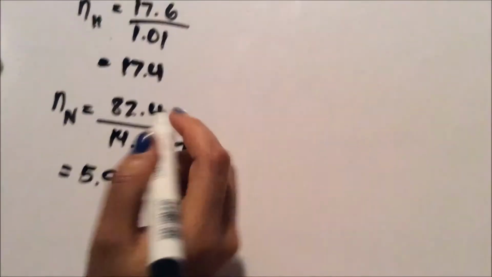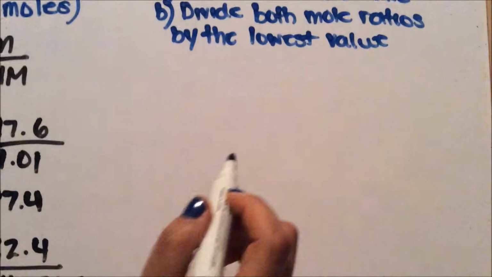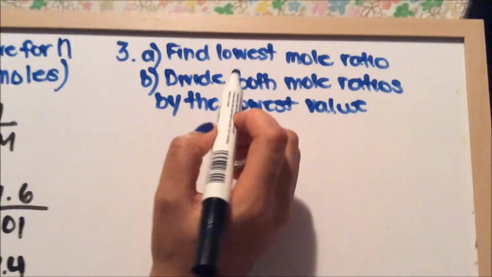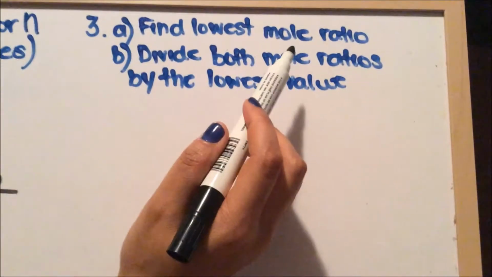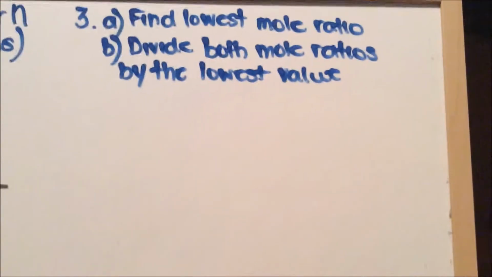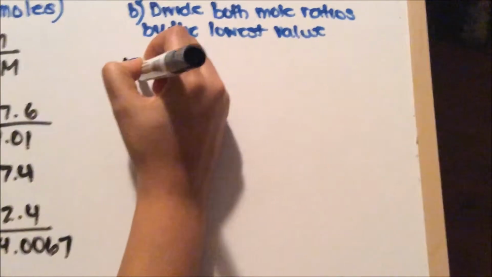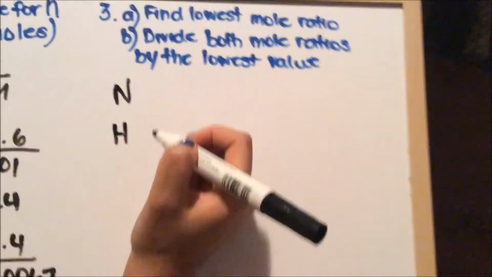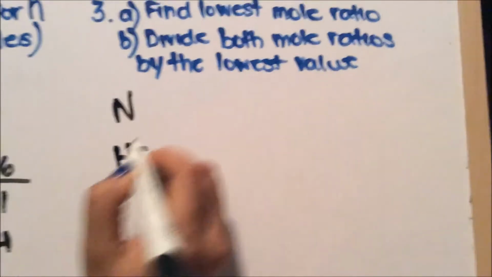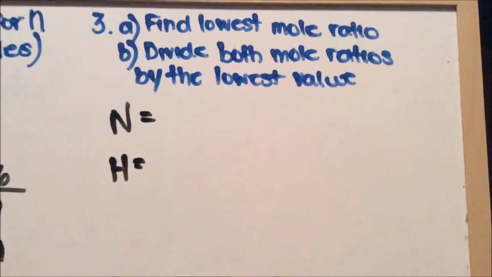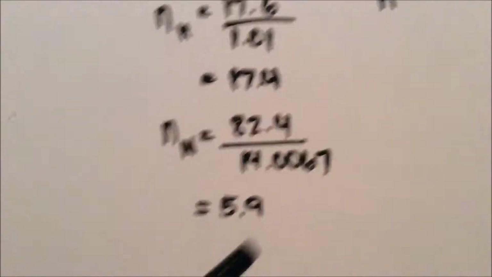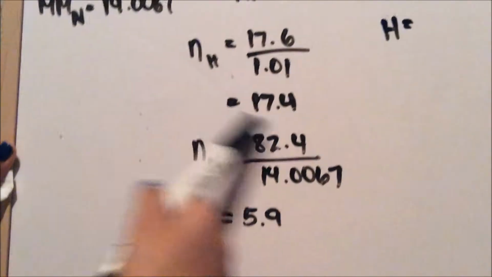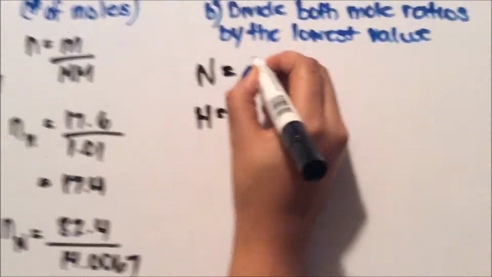Okay, so step 3, which is in 2 parts. So A is find the lowest mole ratio. So you have to set each up as its own element. So N equals, H equals. So that's hydrogen and that's nitrogen. And then you're going to take each of the moles that you found, so 17.4 and 5.9, and divide by each other to find the lowest mole ratio.